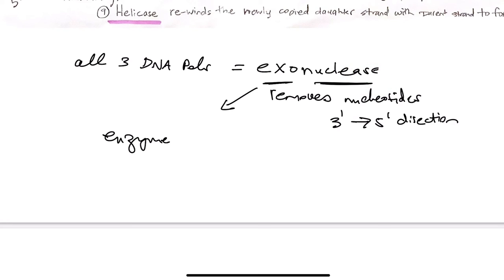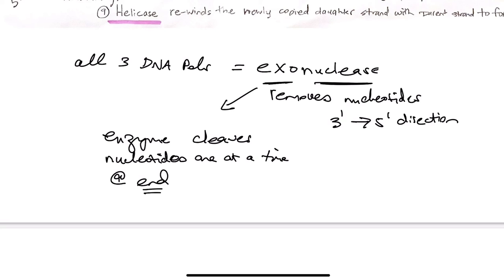So many enzyme names end with ASE. It's an enzyme that cleaves or removes nucleotides one at a time, and it does that, this is very important, at the end of a polynucleotide chain.